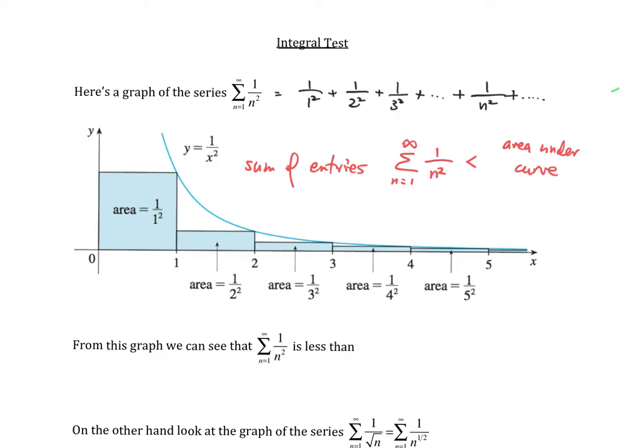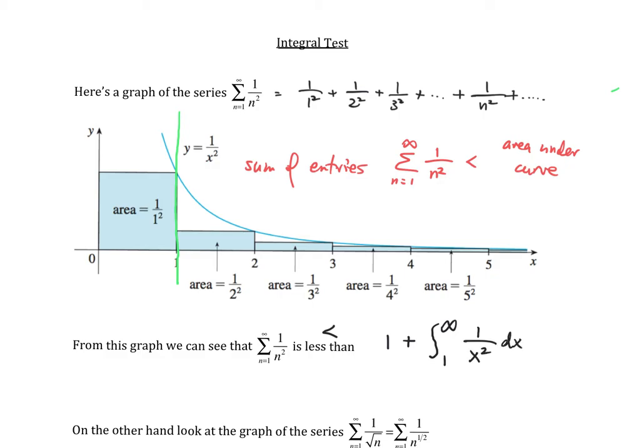Now I'm going to draw a vertical line at 1 here in green. You see that vertical line in green there. From this graph, we can see that this infinite sum, 1 over n squared, is actually going to be less than, so I'm going to put a little less than symbol here, 1 plus the integral from 1 to infinity of 1 over x squared dx.